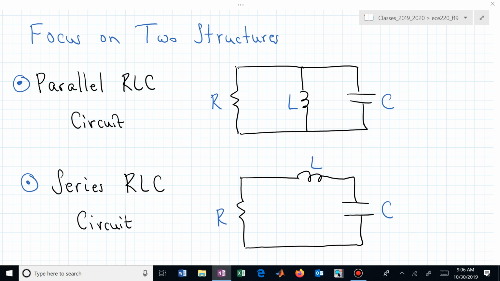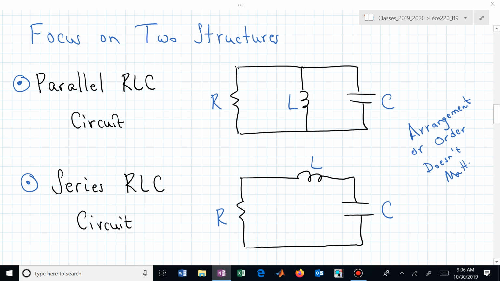We could have a CLR. I'm not supposed to do product placement in these classes, so I'll try to avoid that. So we have an RLC series or parallel circuit. The arrangement or order of these doesn't matter.